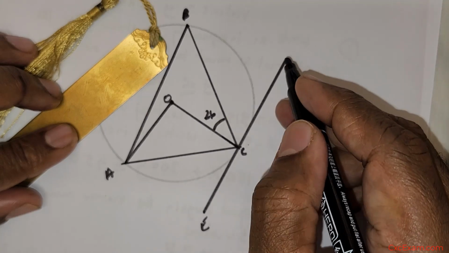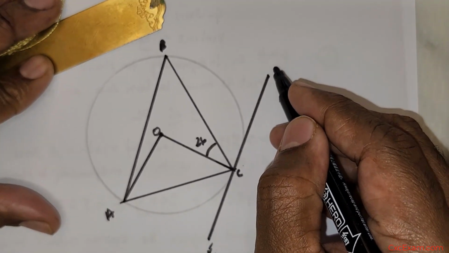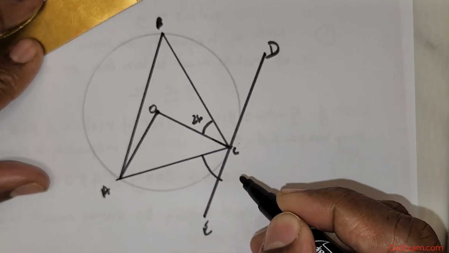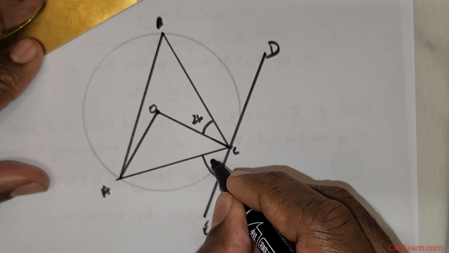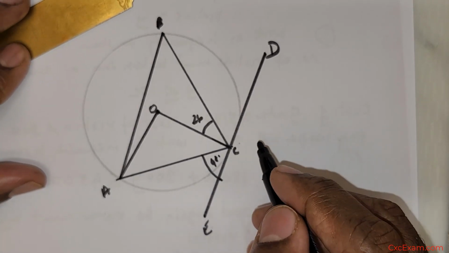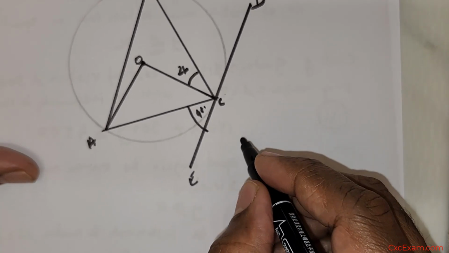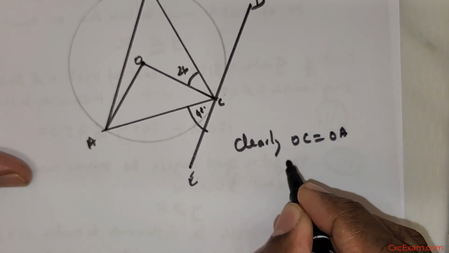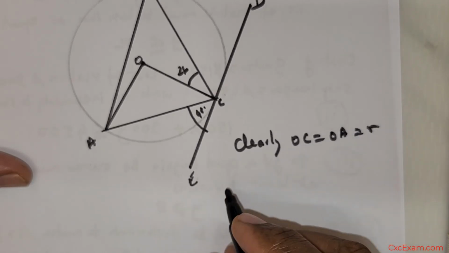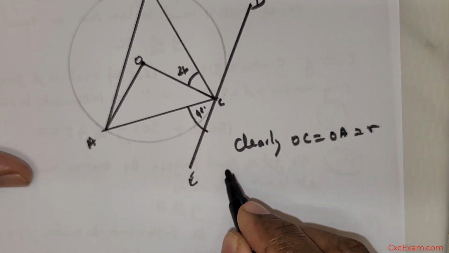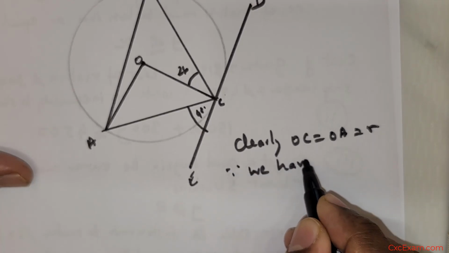This is ED, and this entire angle is 48 degrees. Now clearly OC is equal to OA is equal to R. Why? Because it is the circle, right? Since we have a circle.